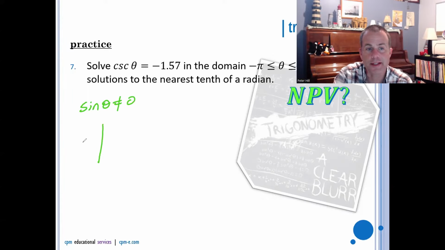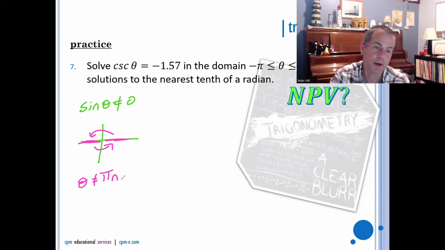So where does sine theta equal 0? That would be at here and at here. And so those are pi away from each other. So I would say theta can't be 0 plus pi n, but I'm not going to say 0 plus anything, right? So I'll just say pi n, where n is a member of the integers.